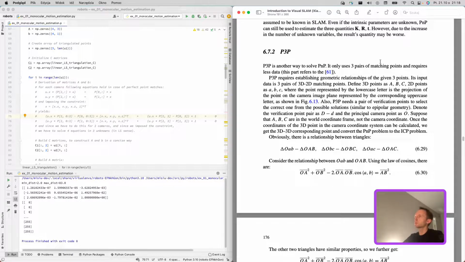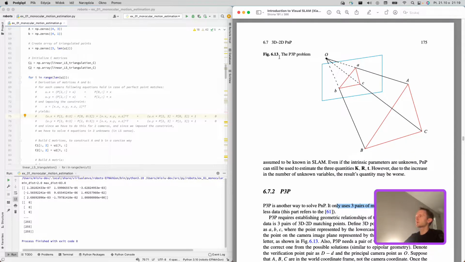Okay, so they have direct methods. P3P is another way to solve PnP. There are 3 points of matching points. Okay, maybe let's understand this as P3P. P3P requires establishing a geometric relationship with the given 3 points. Each input data is 3 pairs of points.